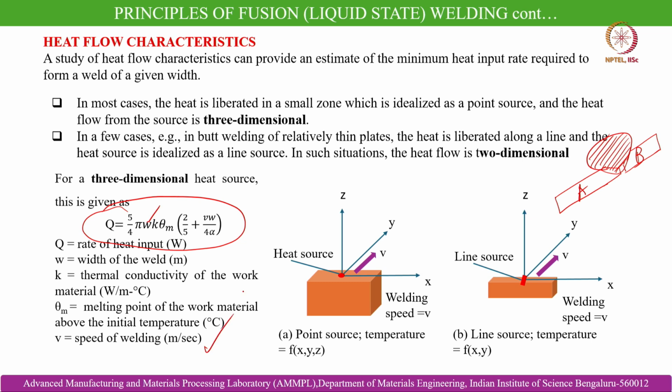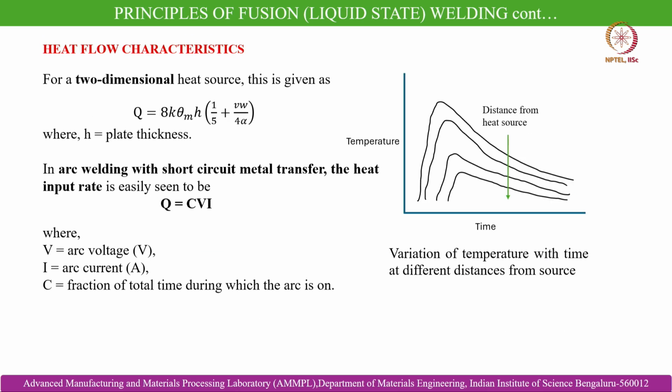Here the point source and line source attributes are shown, and if we move ahead, we can define the two-dimensional heat source. As I told you earlier, in this case the workpiece material has a lesser thickness, that means thin plates experiencing fusion welding.